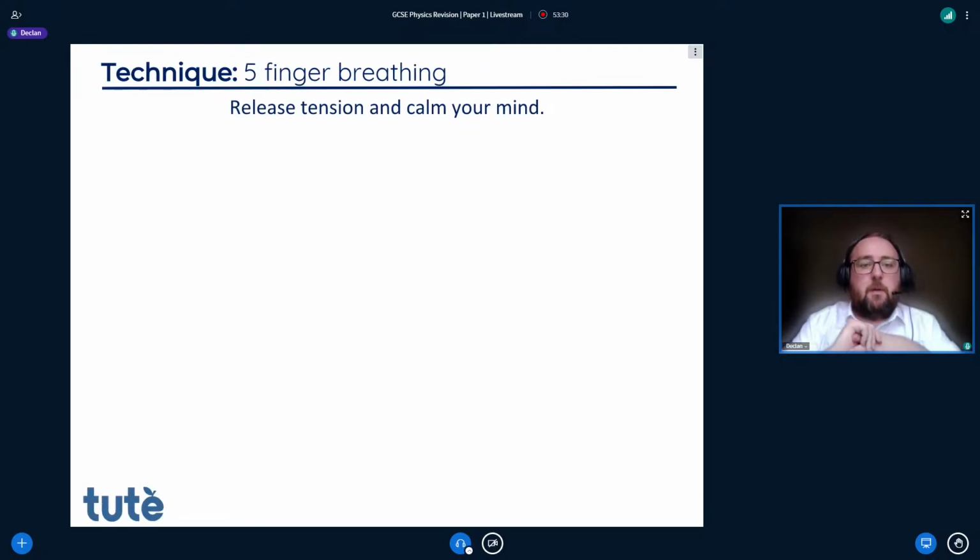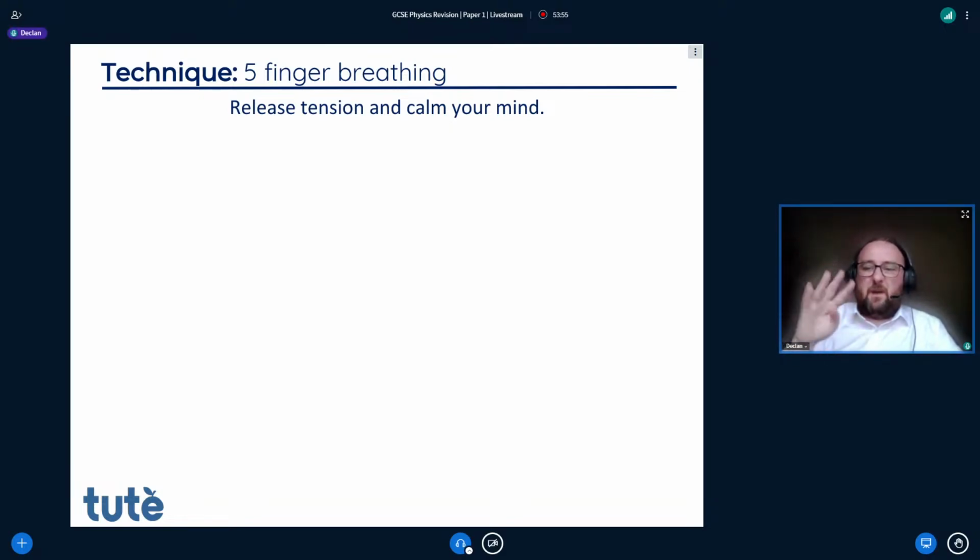And then I don't know about you, but after some electricity, I always need to just have a moment of relaxing. So if you're finding yourself in that exam tomorrow needing a moment to relax, try this method. You've got your hand, and you run your finger over your hand. Breathing in, and then pull that finger in, breathe out.